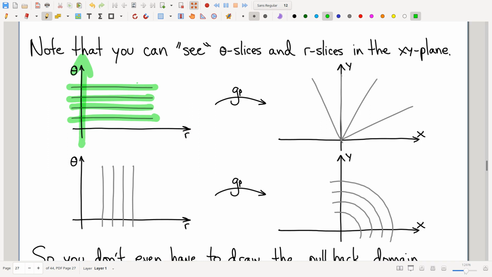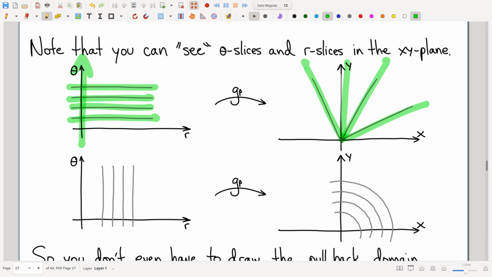Well, each one of these represents a single constant value of theta. So they represent things that look like this. Each one of these rays coming out of the origin individually represents a single constant value of theta as seen in the xy plane.